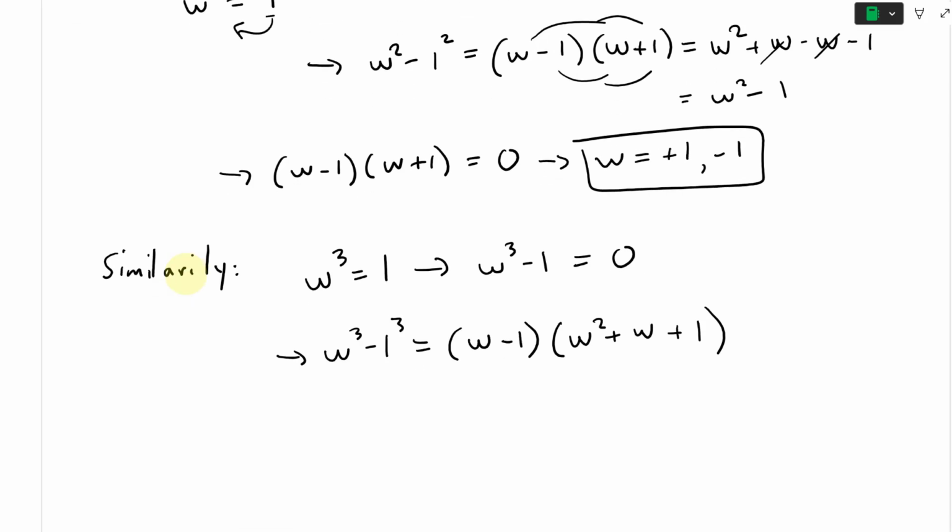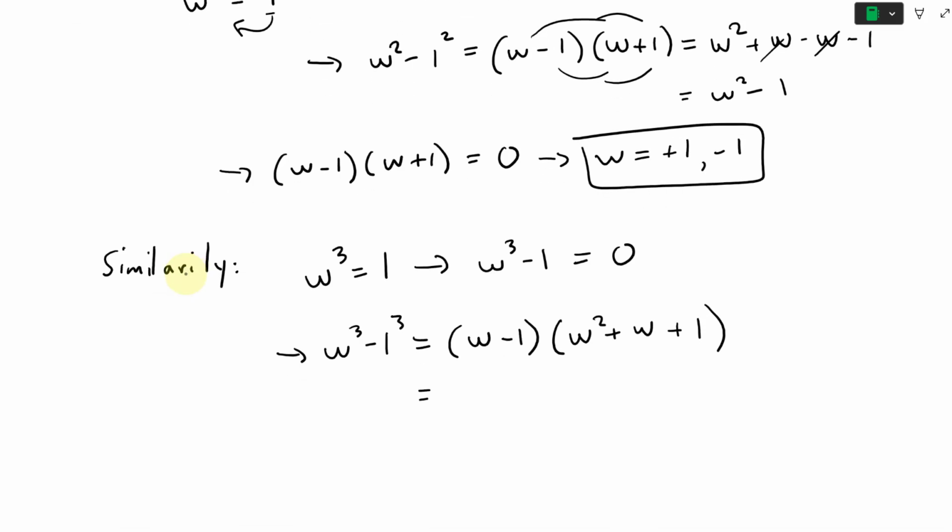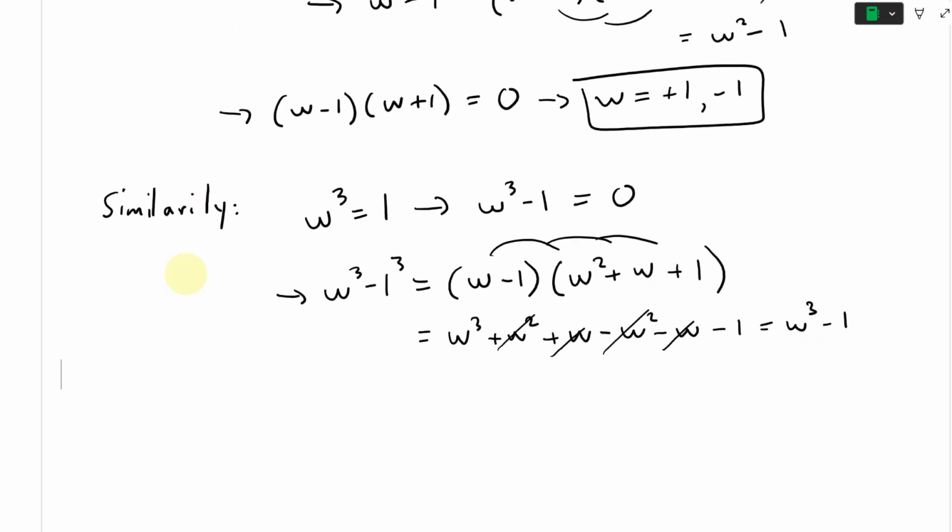Multiply this times that, we're going to get w cubed plus w squared plus w. Now we're going to have a minus, do the same thing: minus w squared minus w, then minus 1 times 1 is negative 1. So this cancels with this, cancels with this, and now we're left with w cubed minus 1. All right, so that is what we have.